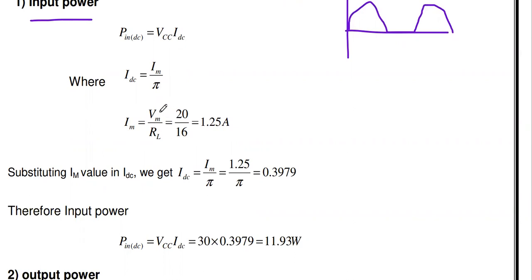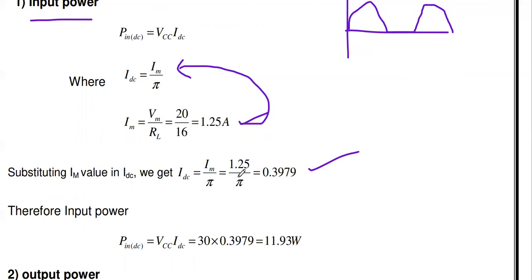The peak voltage is 20 and the load resistance is 16, so IM is 1.25 amps. Then substituting IM in the IDC formula, IDC equals IM by pi, so 1.25 divided by pi. The answer is 0.3979.